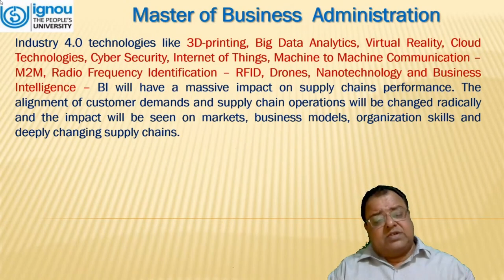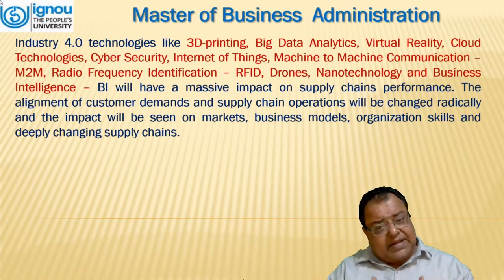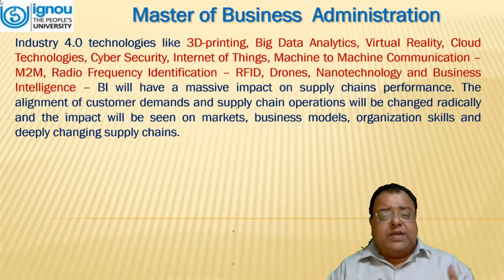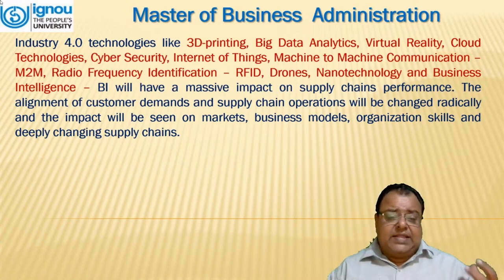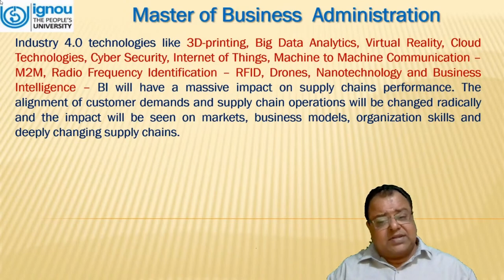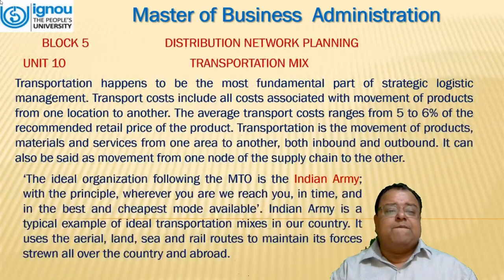The alignment of customer demands and supply chain operations will be changed radically, and the impact will be seen on markets, business models, organization skills, and deeply changing supply chains.